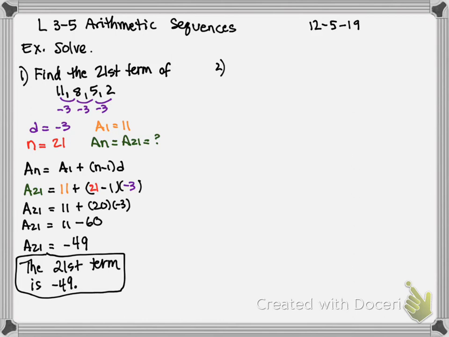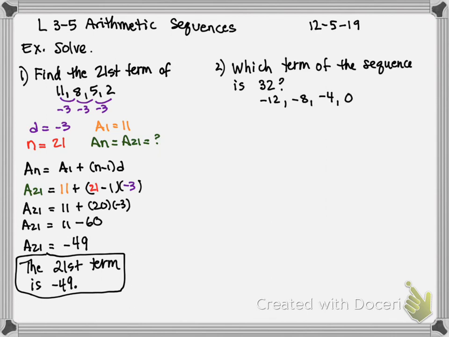Okay, second one. Which term of the sequence is 32? And here's our sequence. Negative 12, negative 8, negative 4, 0.